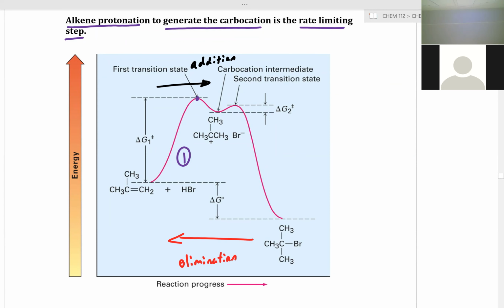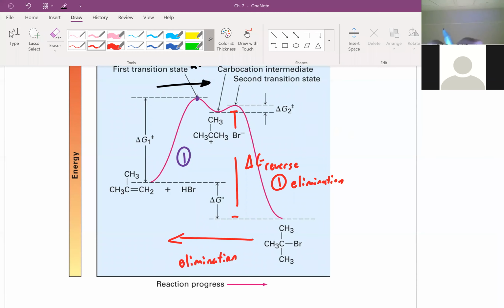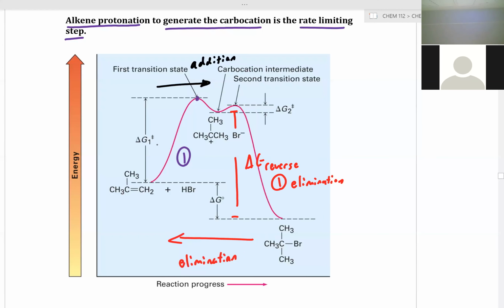So as we can see from this graph, the rate limiting step for elimination is loss of our leaving group. So this is the delta G reverse for step one of elimination. Addition and elimination are two sides of the same coin, a forward and reverse reaction almost.